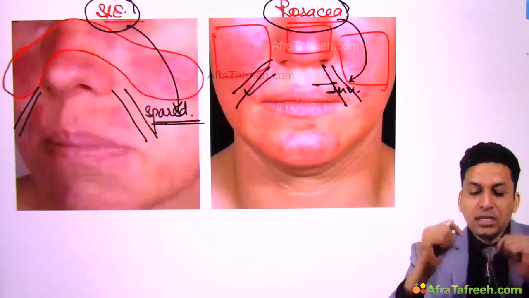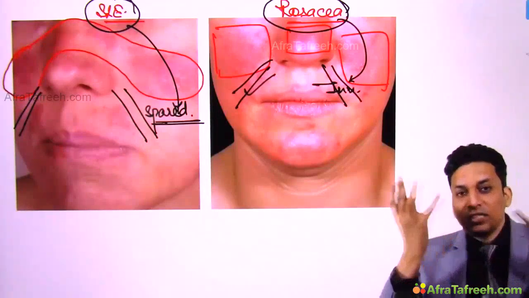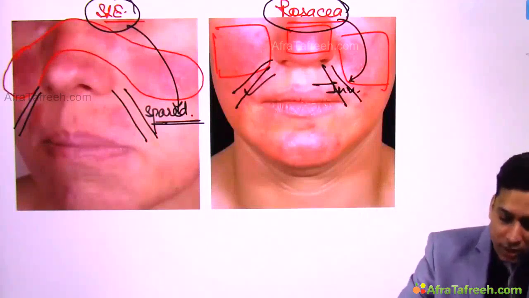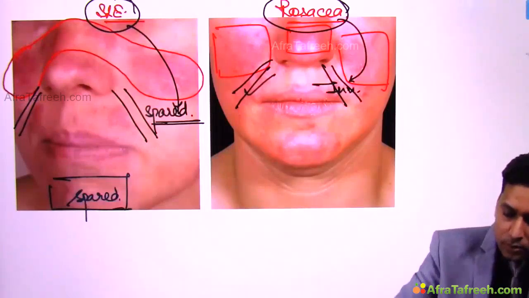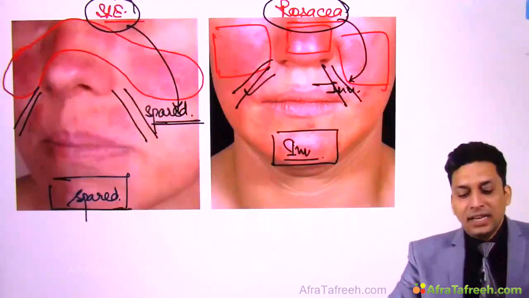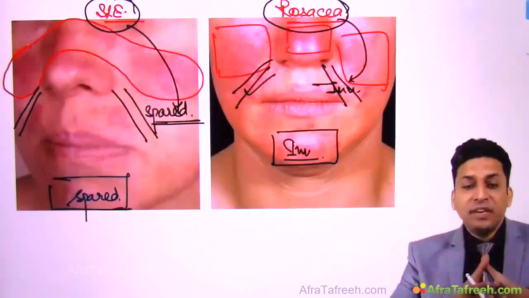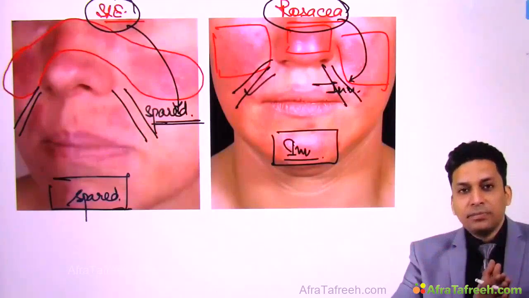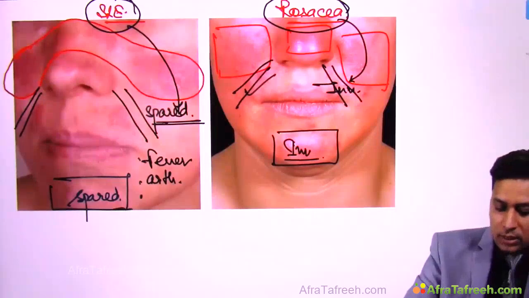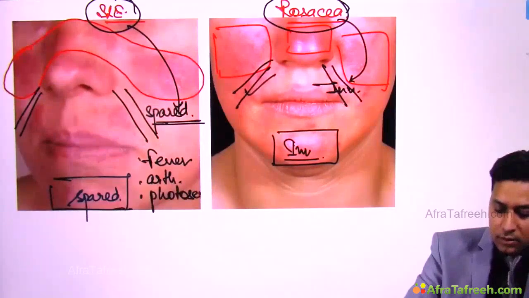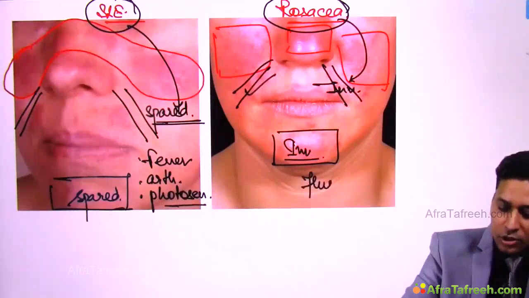Another important point is here in rosacea, all the convexities of the face might get involved. So here see, chin spared, chin involved. Okay, then other than this, you will find other systemic manifestations of SLE which might be present in the question, like the patient might have fever, arthralgia, then photosensitivity, while here the patient will give a history of flushing which aggravates on heat.